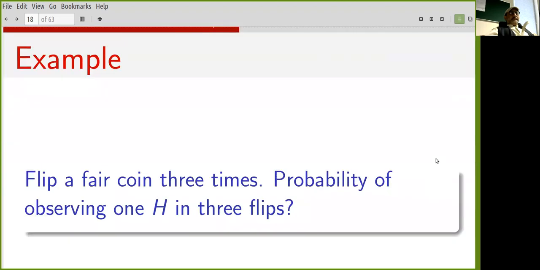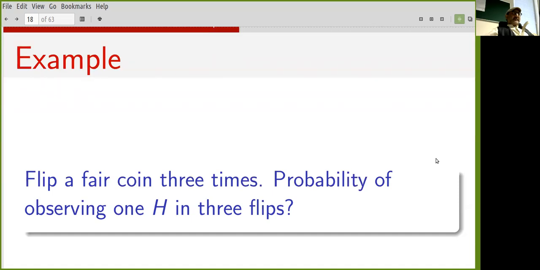Okay. Now, again, we're going to flip a fair coin 3 times. We're going to record the results in order. There are 8 equally likely outcomes. What's the probability of observing exactly 1 head in 3 flips? Well, how can you get that?